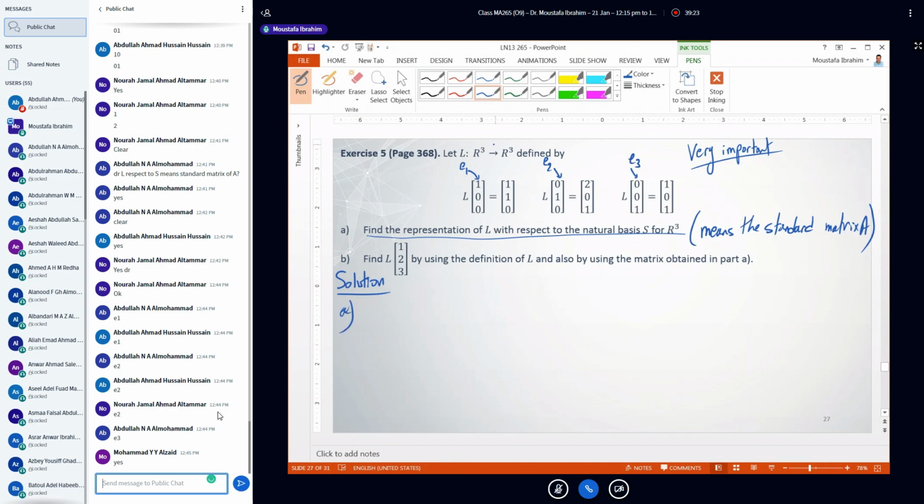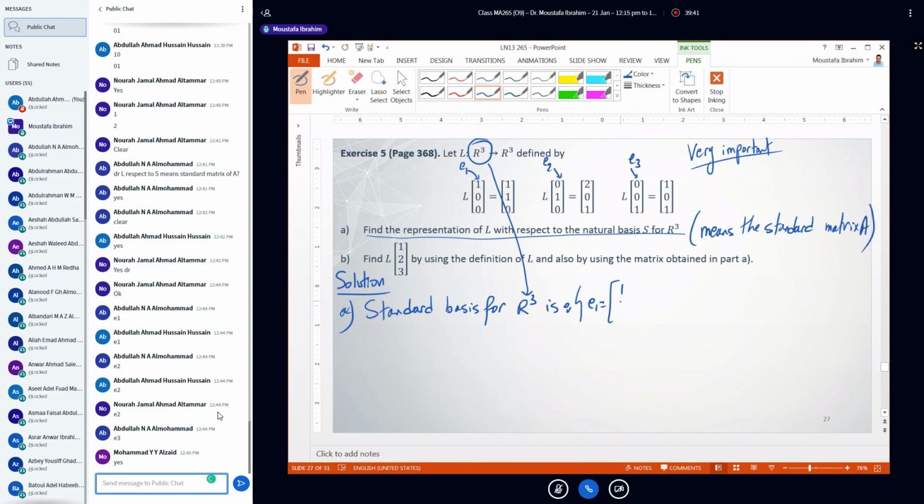First of all, we have to write the standard basis of R3. What's the standard basis?